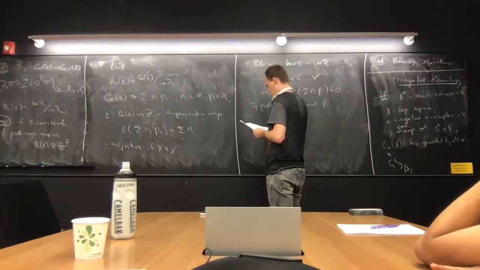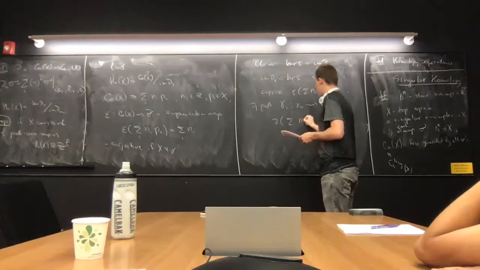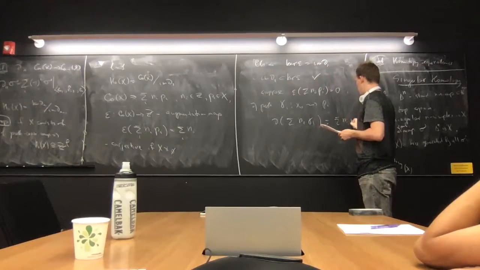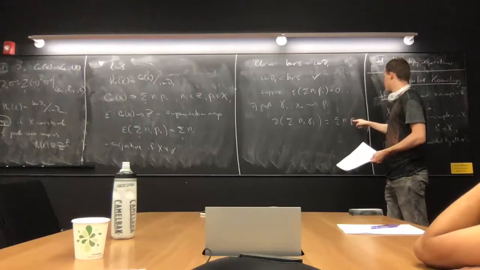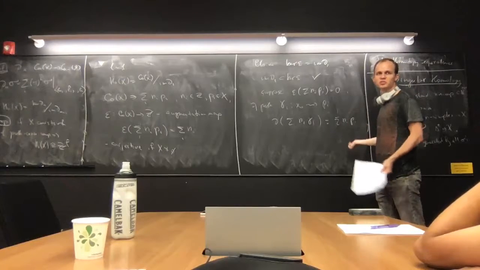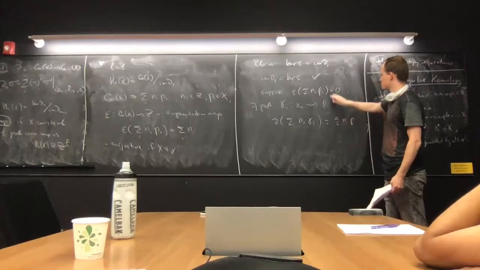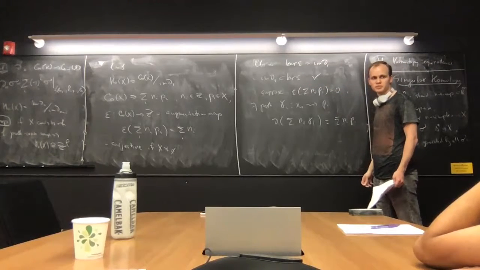And then it's easy to check that the boundary of the sum of n_i gamma_i will be the sum of n_i p_i. Why? Because the coefficient in front of x0 in here will be minus the sum of n_i's, which is 0. So therefore, the kernel of epsilon is contained in the image of D1.